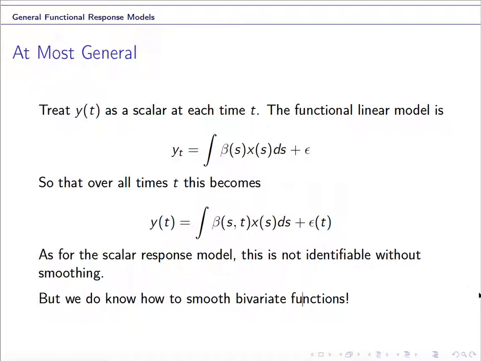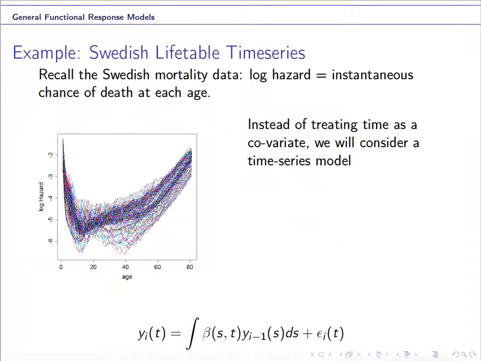So how can we estimate this beta(s,t)? Here is one example. This curve shows the Swedish mortality data.